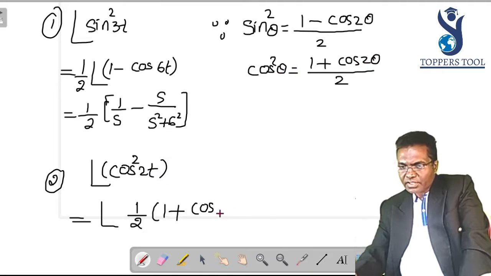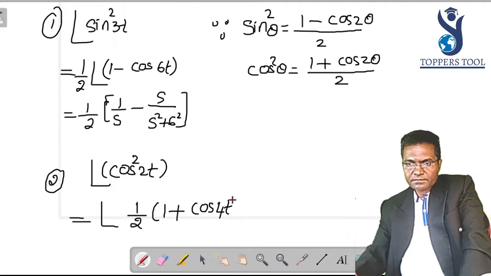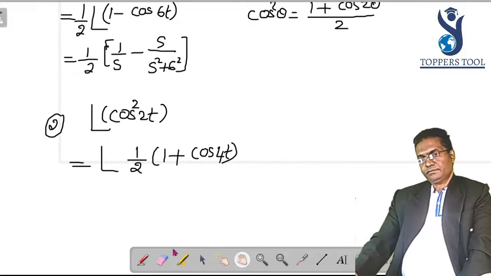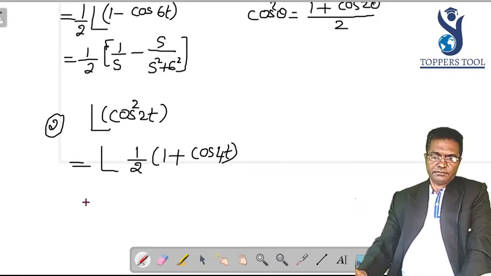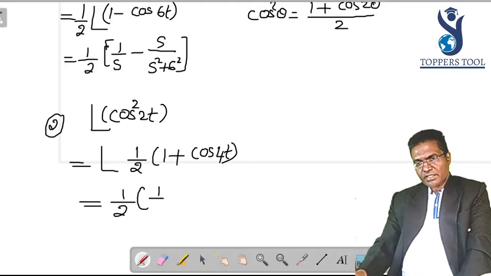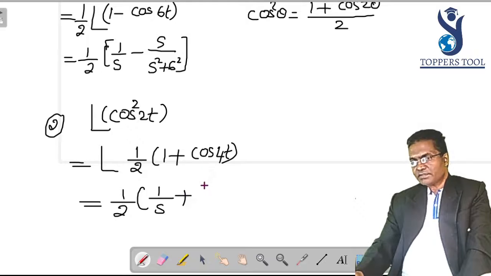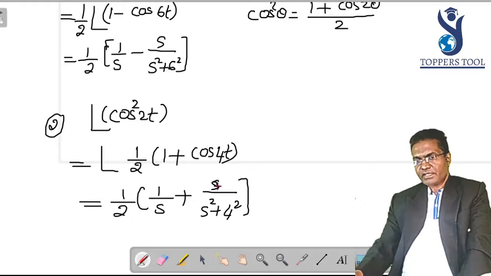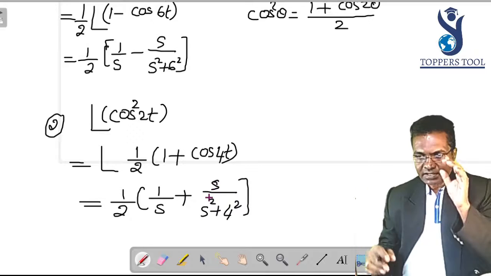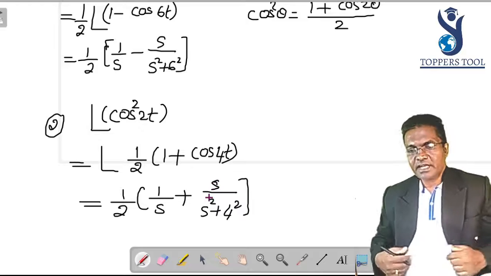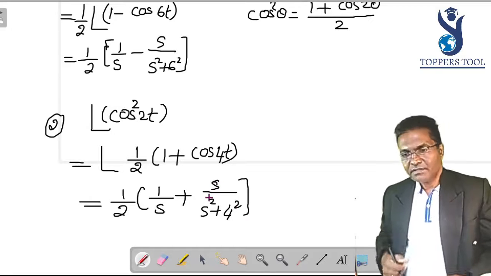So double of 2t is 4t. So 1 by 2, Laplace transform of 1 is 1 by s. Laplace transform of cos is s by s square plus 4 square. Okay, so in this way you can apply Laplace transform for some common functions.